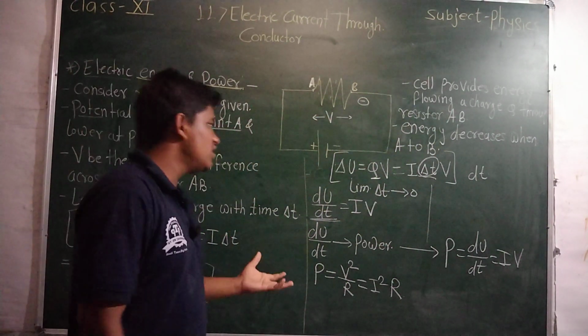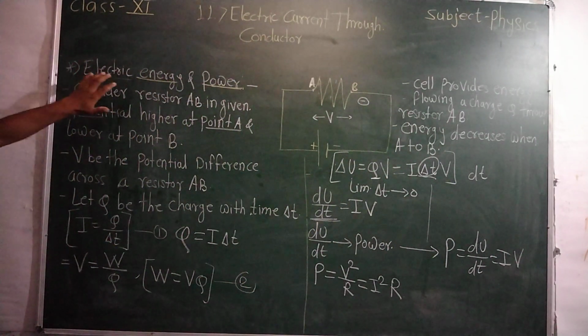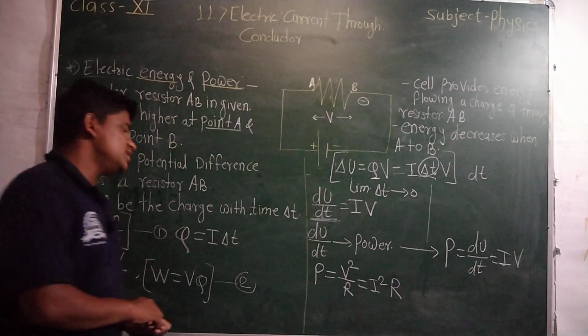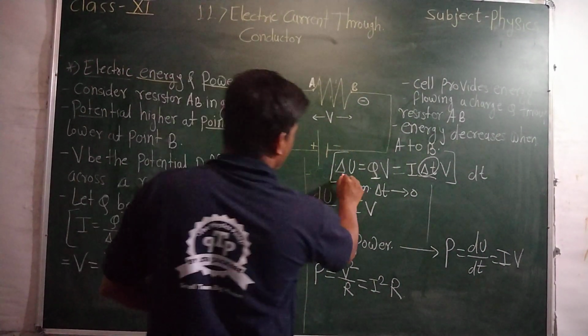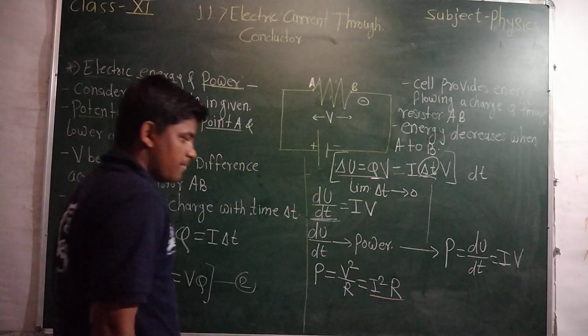This is all about the derivations we solved for electric energy and power. This is the equation for the electric energy, and this is the equation for the electric power.